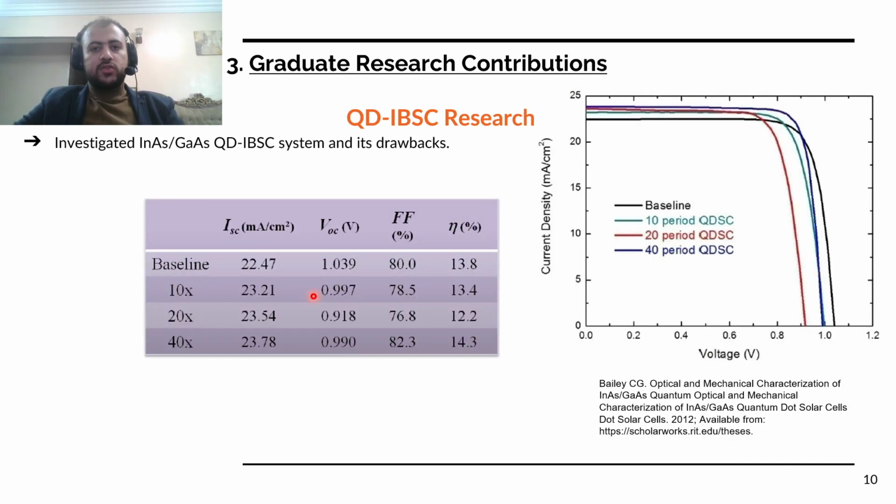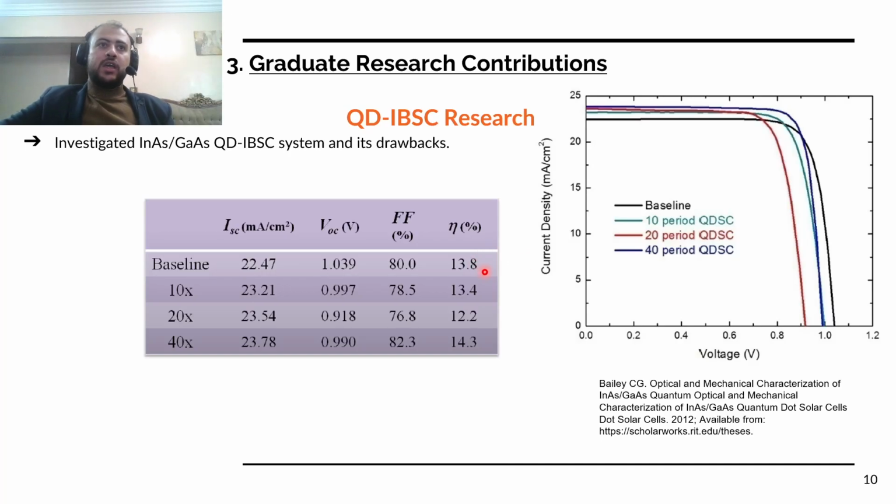First, we started our research by focusing on the main drawbacks of indium arsenide, gallium arsenide quantum dot intermediate band solar cells, in which indium arsenide quantum dots were embedded in the intrinsic region of gallium arsenide solar cells. As we can see in this reference, which is Christopher Bailey's doctorate thesis, an efficiency drop usually accompanies such technology.